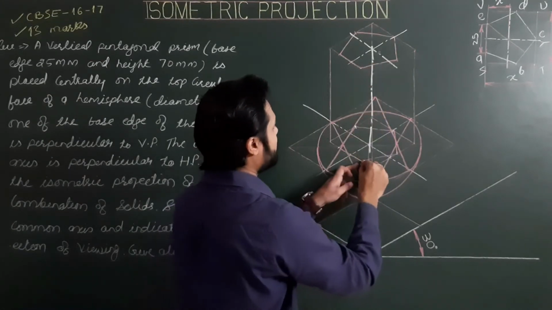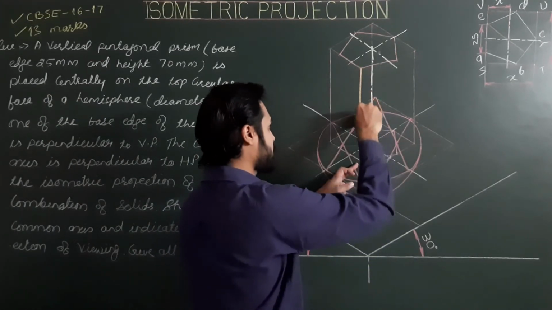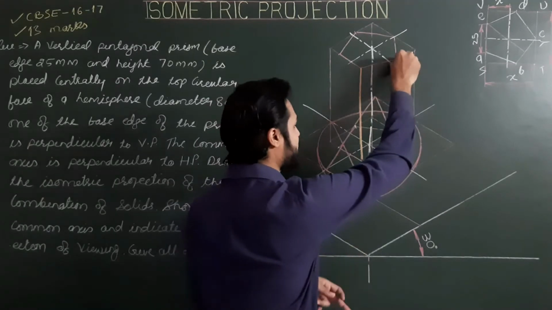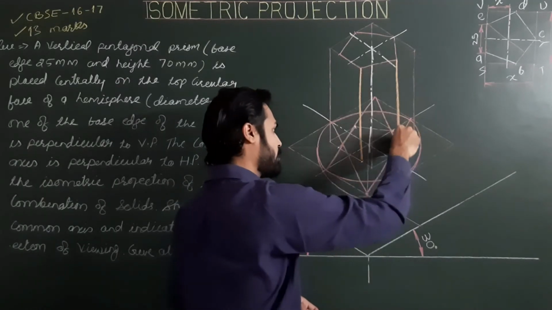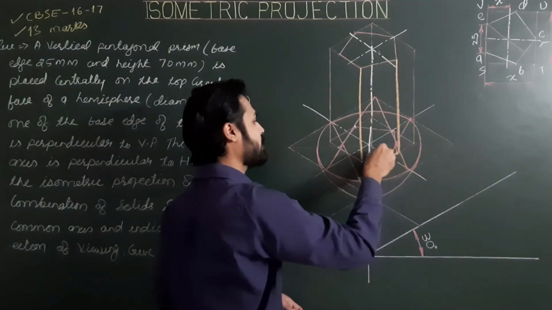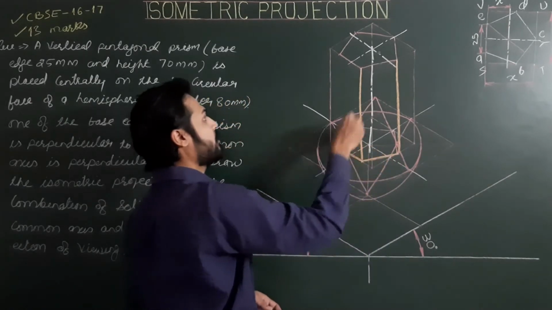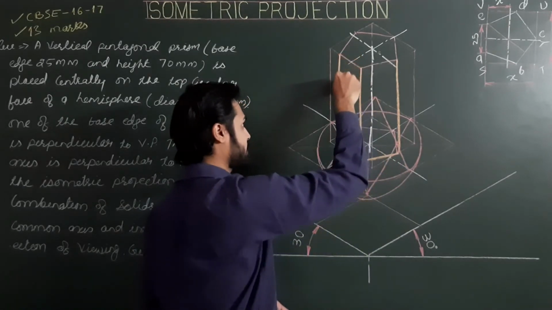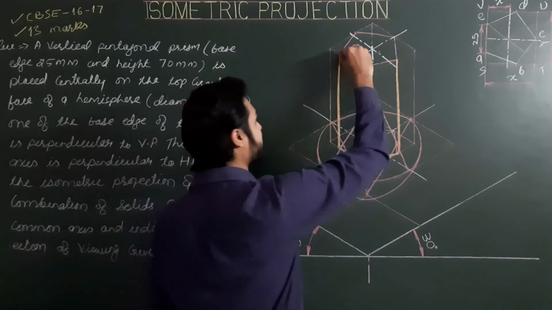So joining corresponding corners starting from the front side, because all sides and generators from the front, these are visible generators.